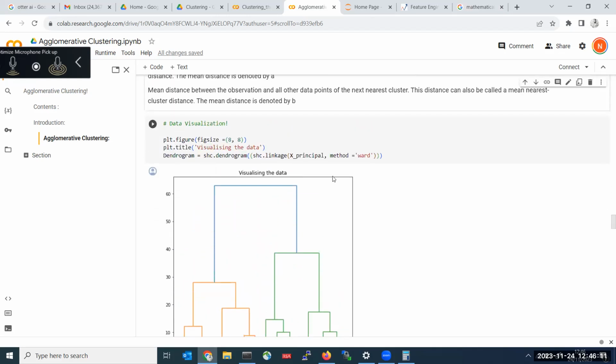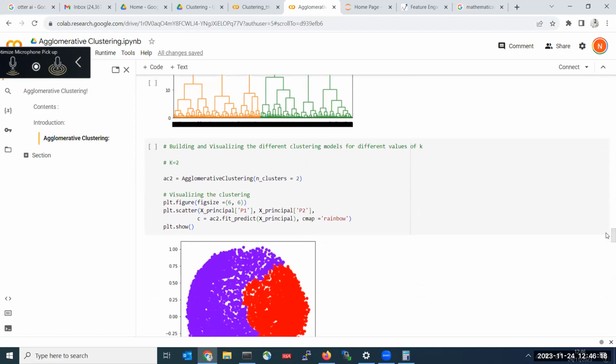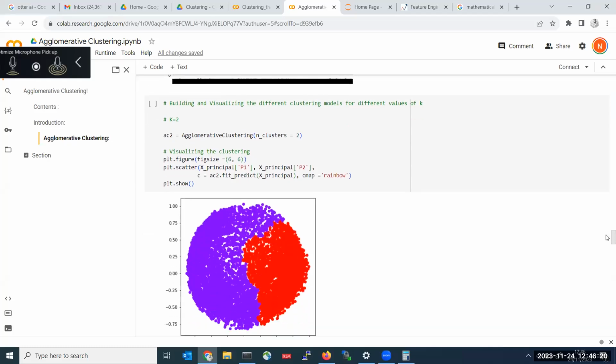Okay, so what I'm doing is using a visualization technique to see how the dendrogram will be represented. I'm using agglomerative clustering and trying to divide the data into 2 clusters. Immediately my data got divided into 2 clusters, where red represents one cluster and blue represents another.